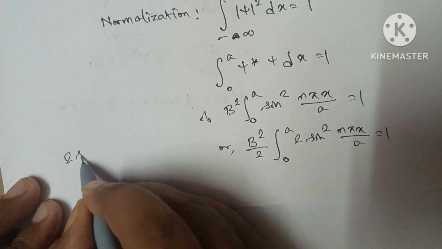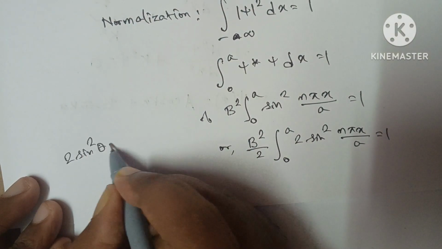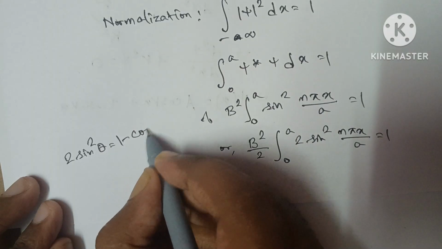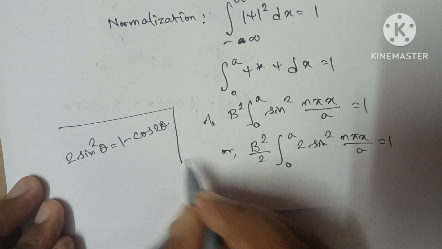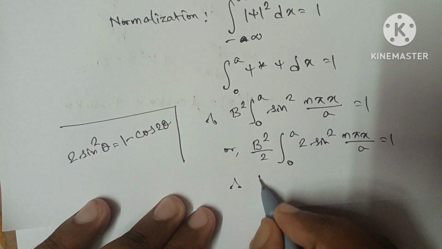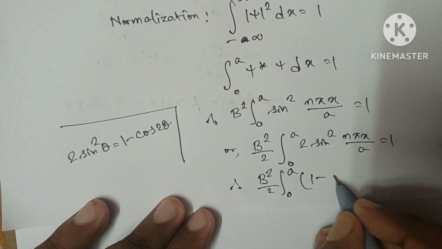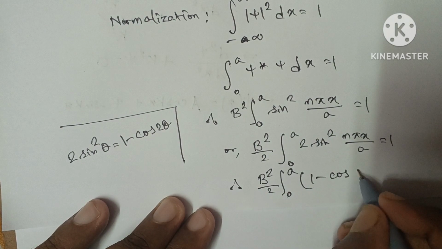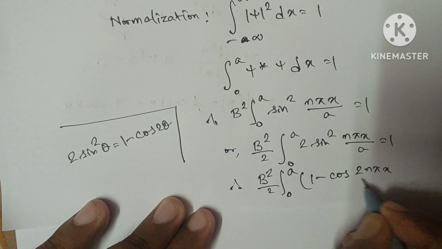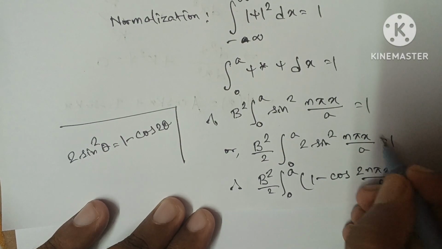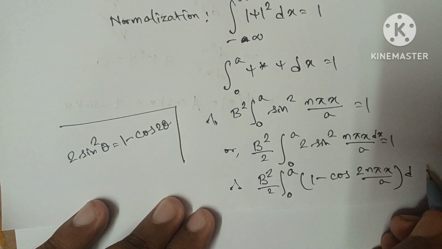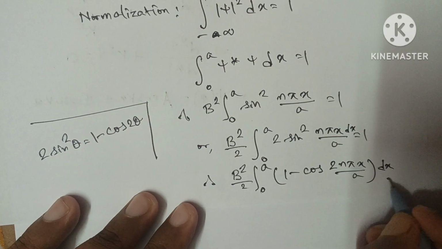Now we know 2 sin square theta is equal to 1 minus cos 2 theta. Therefore b square over 2 integral from 0 to a of 1 minus cos 2 n pi x over a dx equals 1.